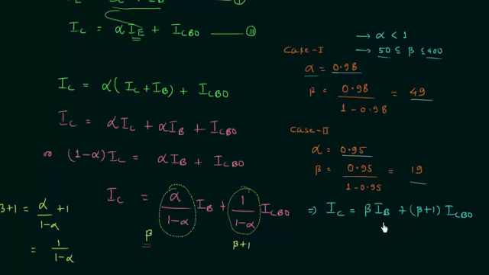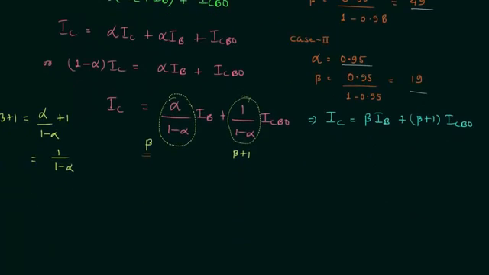Now we will move back to the equation, and I will try to simplify this. Beta plus 1 ICBO is represented as ICEO, the reverse saturation current in common emitter configuration. So we can write IC is equal to beta times IB plus ICEO.